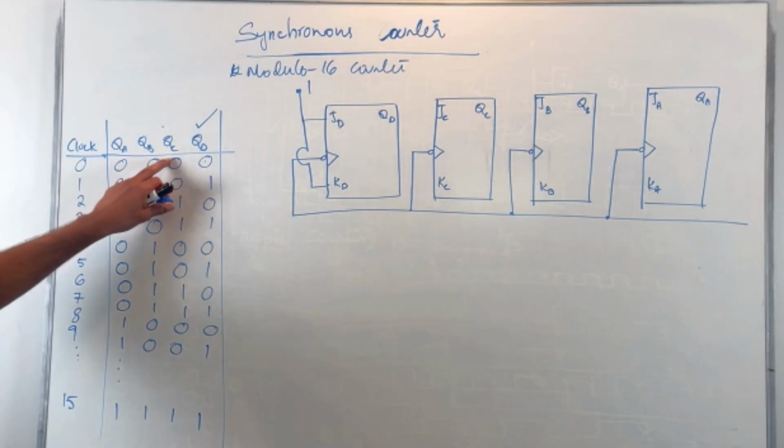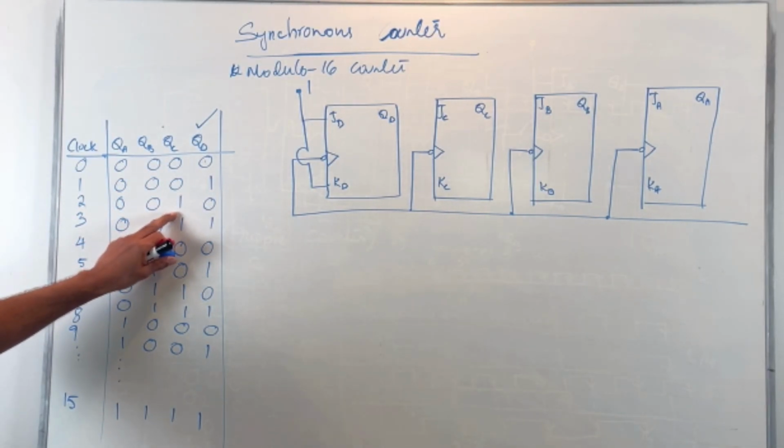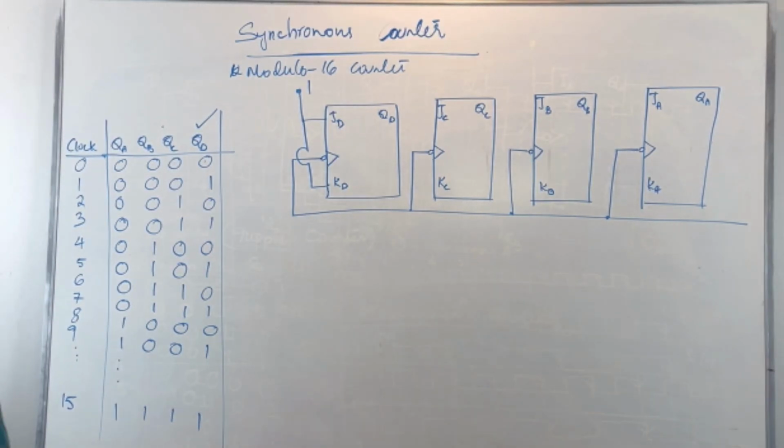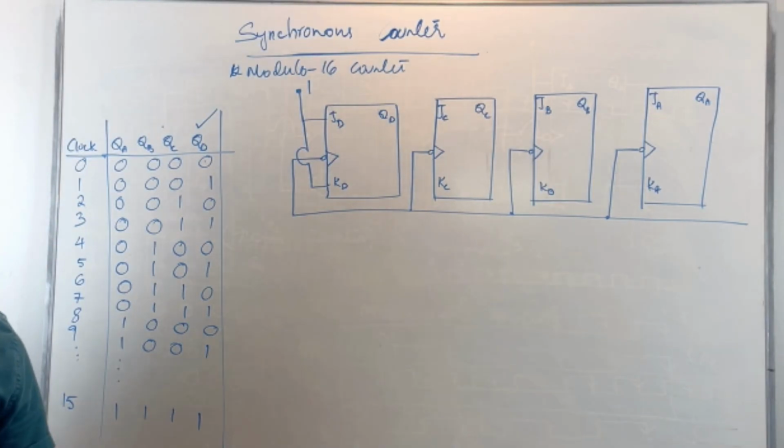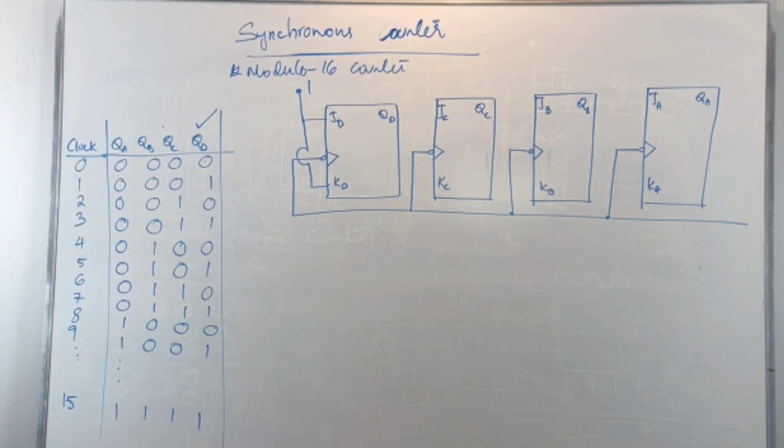So it's off for 2 clock cycles, on for 2 clock cycles, off, on, and so on and so forth. What can we do? Any ideas here?